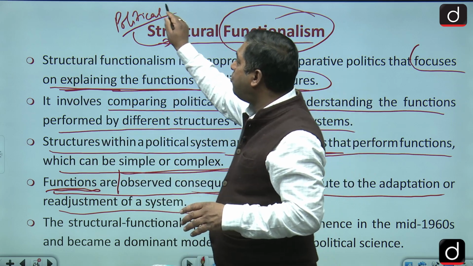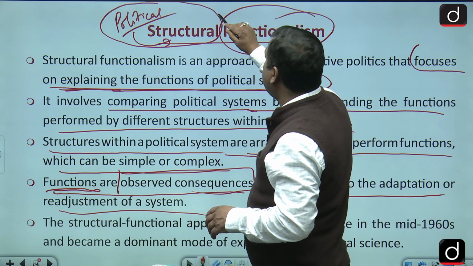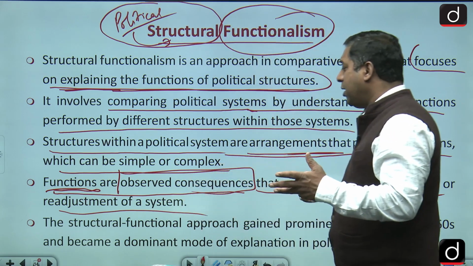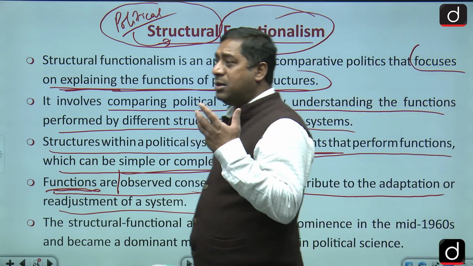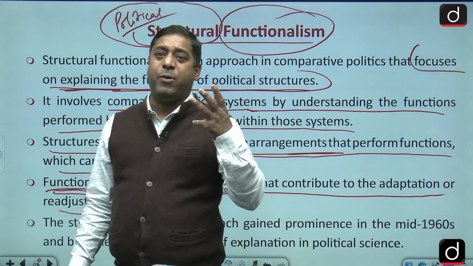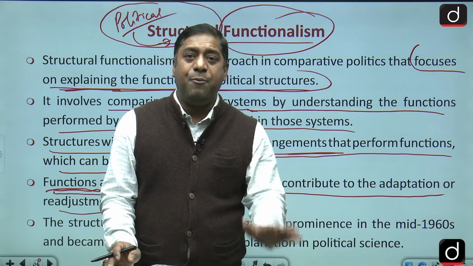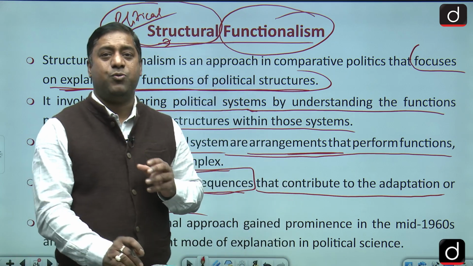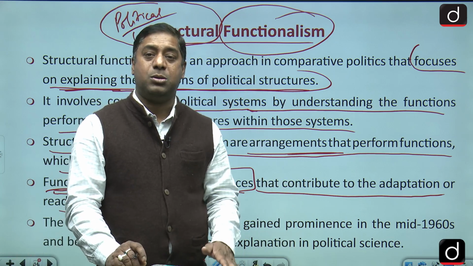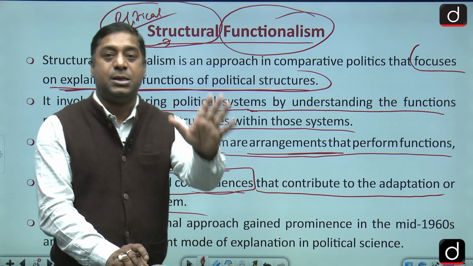They are talking about political structure, and every political structure has arrangements, and according to the arrangements they perform functions which can be simple or complex. अब वो functions की बात कर रहे हैं. They are talking about functions which the political structure performs. These functions are observed consequences.